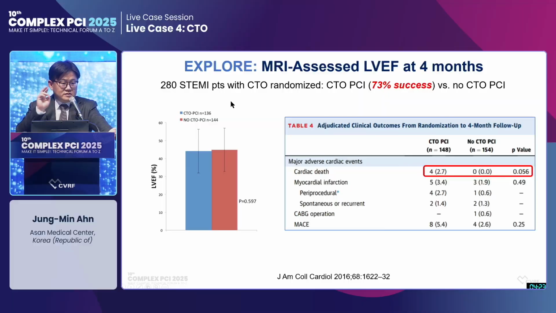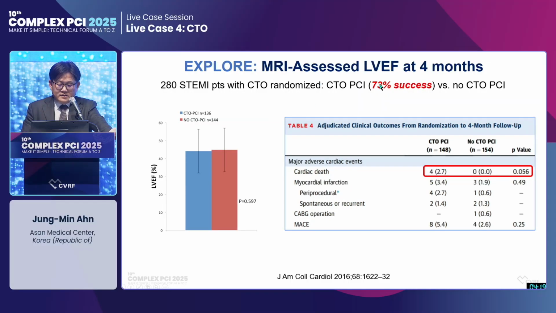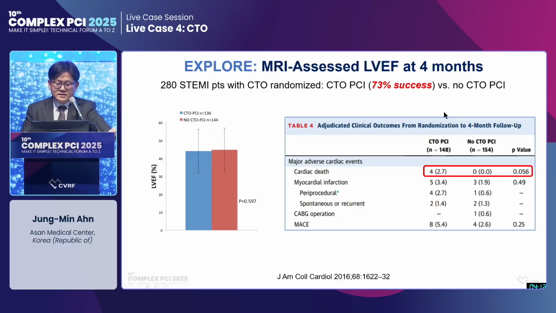Another 2 studies used a surrogate endpoint. The EXPLORE trial randomized STEMI patients with CTO to CTO PCI or medical treatment, with MRI-assessed LV ejection fraction improvement at 4 months. At 4 months, MRI didn't show any difference regarding LVEF.